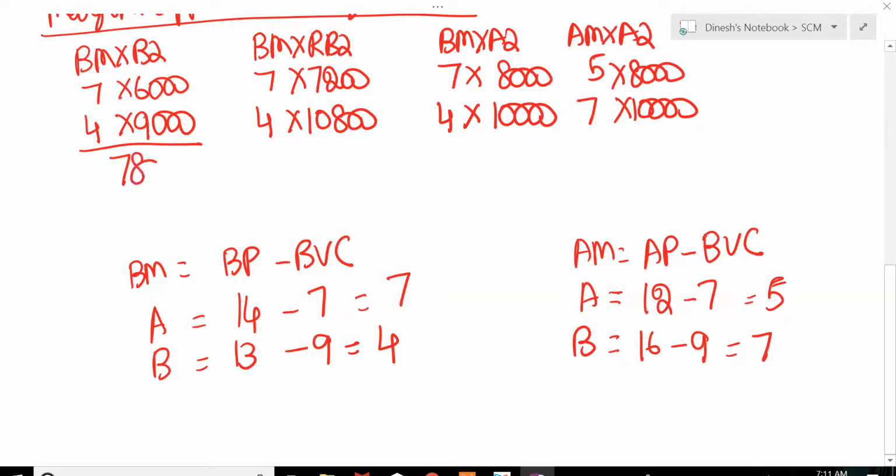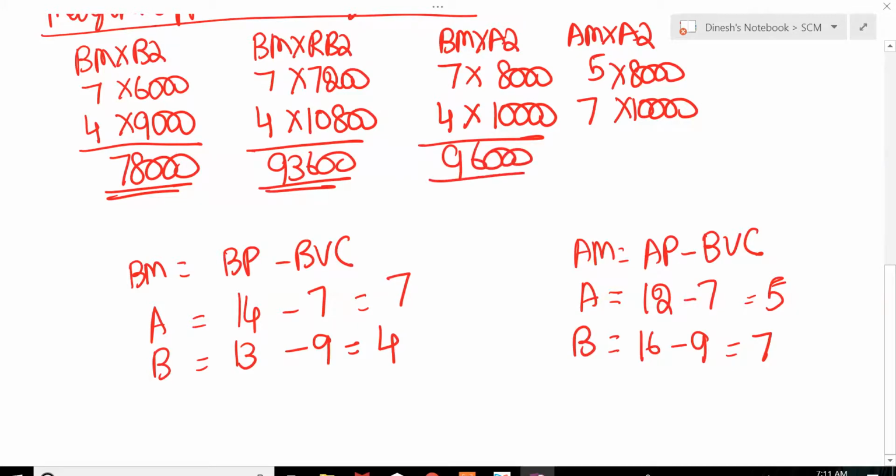78,000, 93,600, 96. Your SMPV will remain same, be it a margin approach, total approach, absorption costing, marginal costing. Everywhere change in price is equal to change in sales, change in profit, change in contribution.